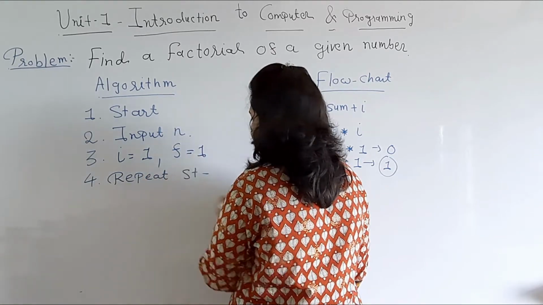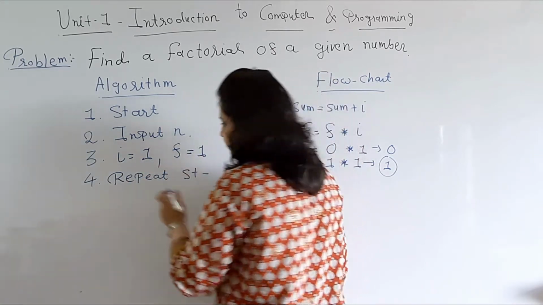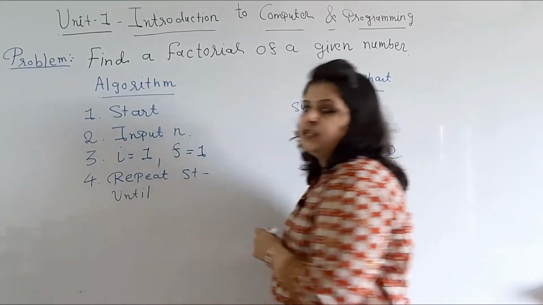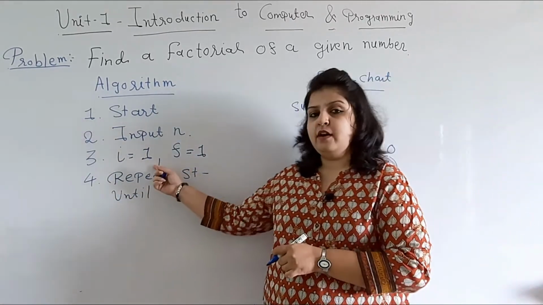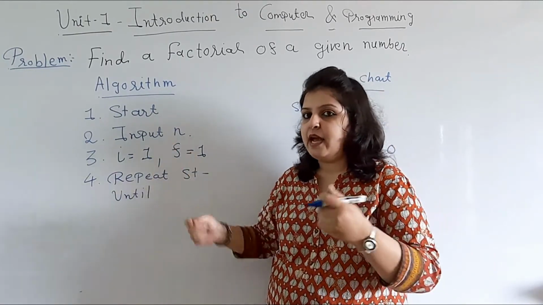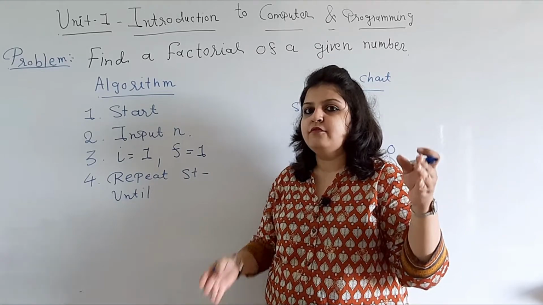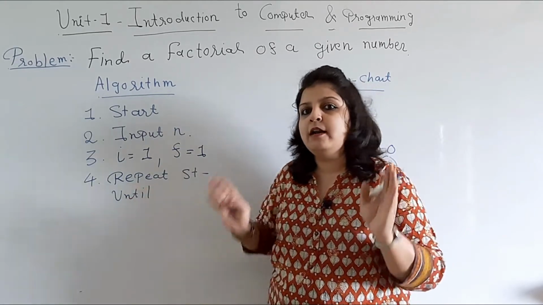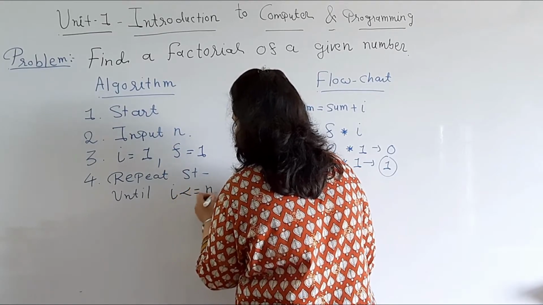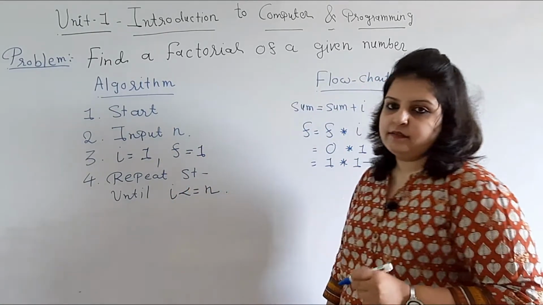Statement numbers we will write later, until our condition, with i starting from 1, is i less than or equal to n. Because if n is equal to 3 then we have to do 1 into 2 into 3 only. That's why the condition is the same as previous.